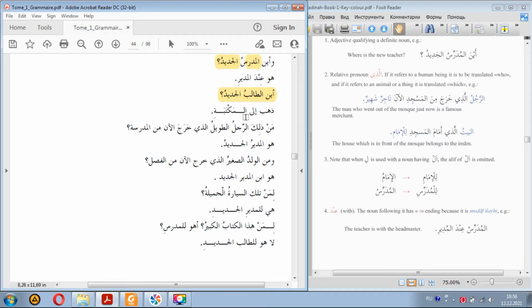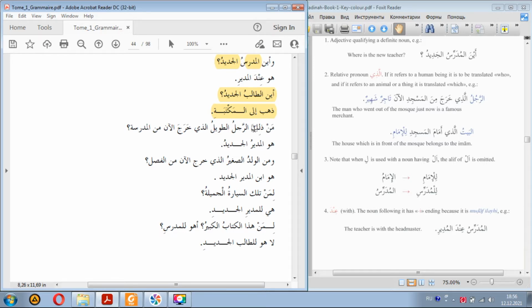That's how it is, just like in the French language, as far as I remember. ذهب إلى المكتبة. ذهب, as we remember, is translated as he went. He is implied in this verb. He went to the office.